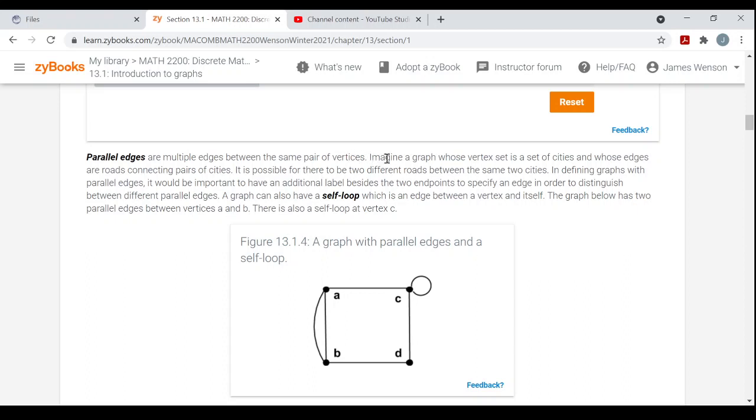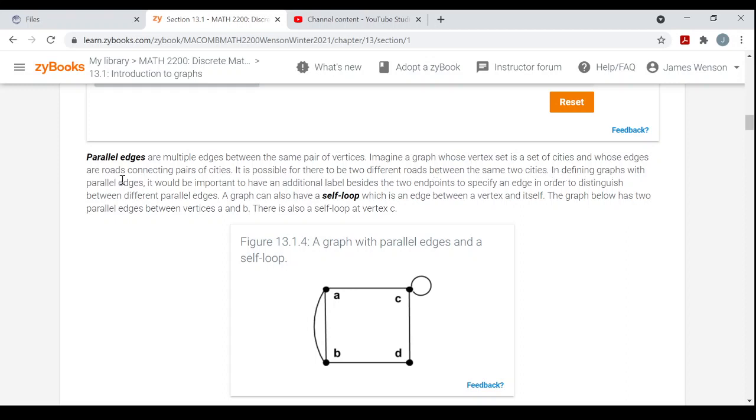And they're giving you an example here. Imagine a graph whose vertex set is a set of cities and whose edges are roads connecting pairs of cities. It is possible for there to be 2 or more roads between the same 2 cities. So then those would be called parallel edges.